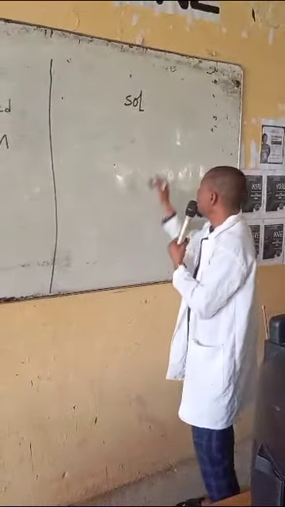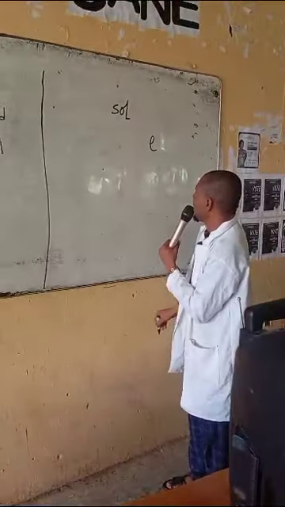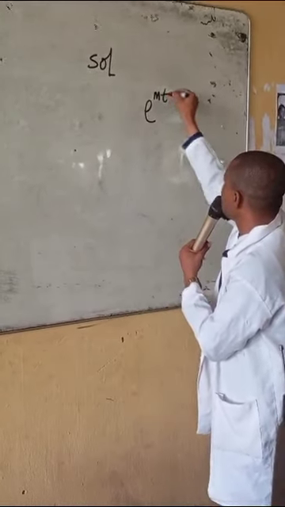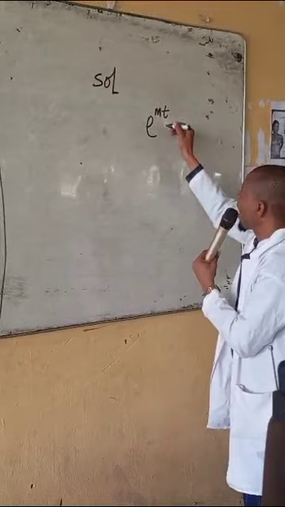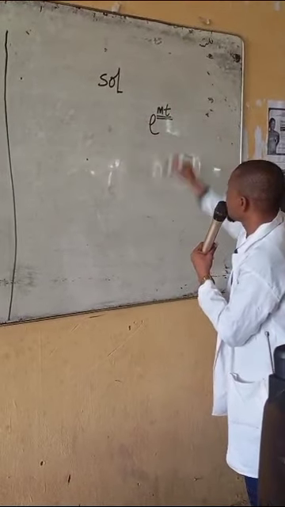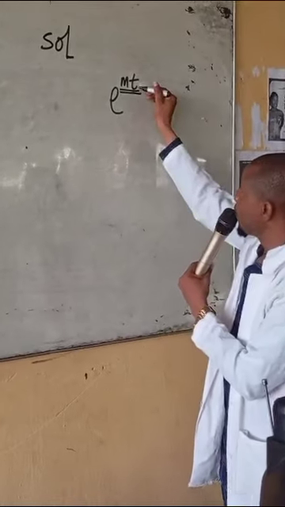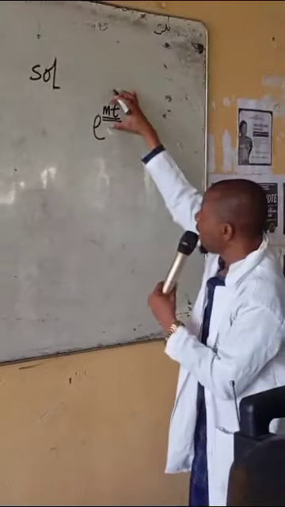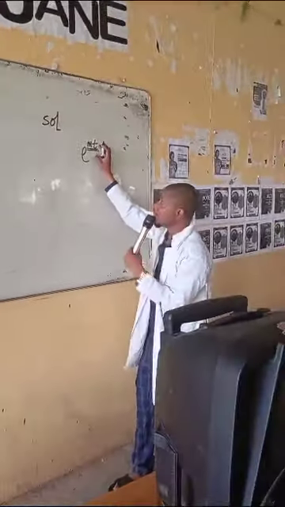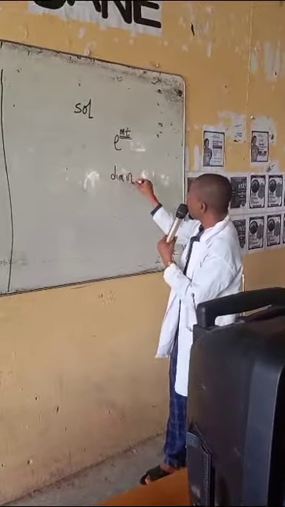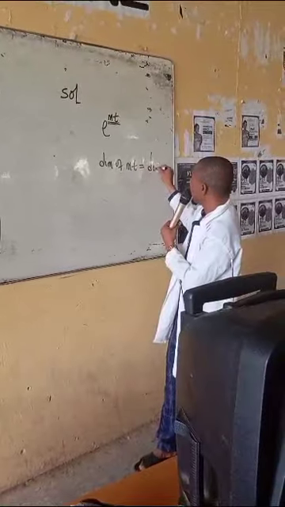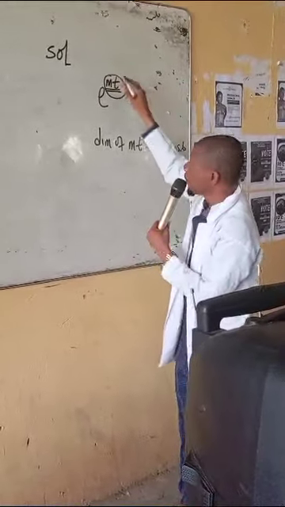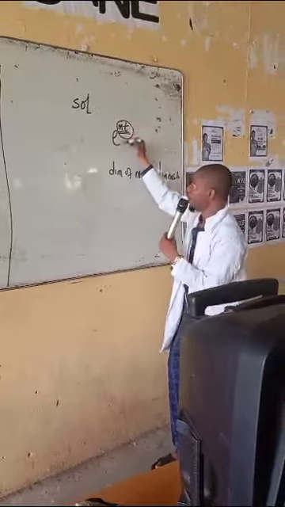For instance, if you have exponential mt, and we are asked to find the dimension of mt, because this is an exponential function and the power of this is mt, it means that the dimension of mt is dimensionless. It's dimensionless.